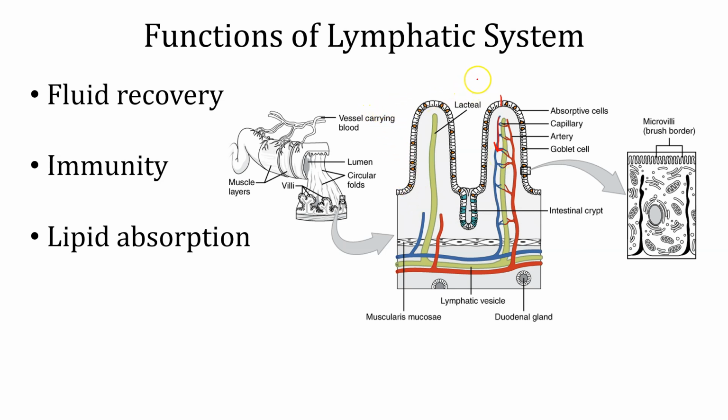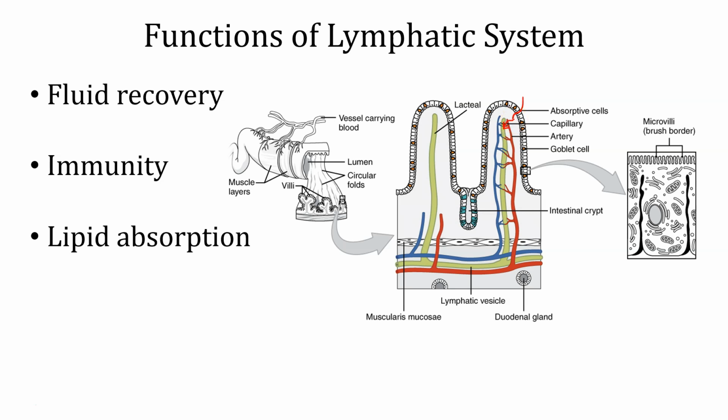Now, what's kind of interesting is that lipids are sometimes subject to a different pathway. They'll come in through the epithelium. They usually can diffuse in because they're lipids, so they can diffuse through the hydrophobic regions of the plasma membrane, and they will find their way into a lacteal.